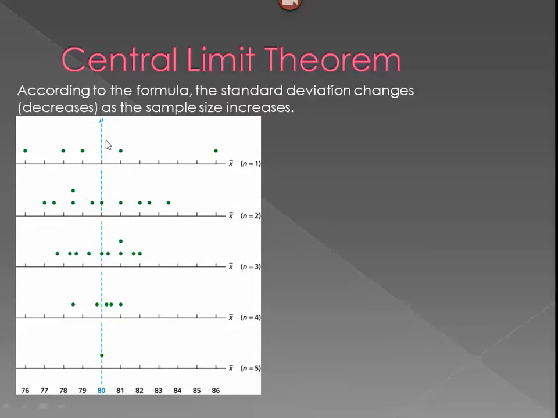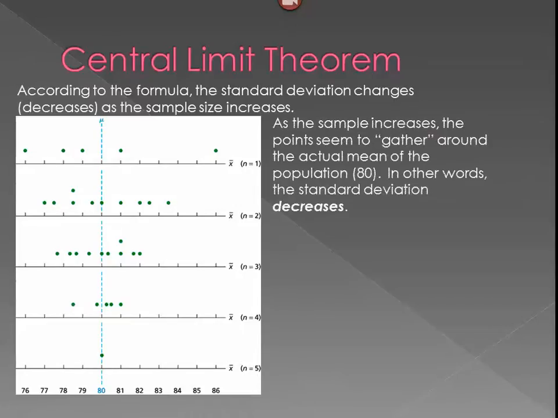As they gather closer to the blue line, that means that the average distance each data value is straying from that line is going down, and it goes down in a very systematic way as we go down here until we have samples of size 5, which would represent my entire population. So as the sample size increases, the points seem to gather around the blue line, which is my mean. In other words, my standard deviation is going down.